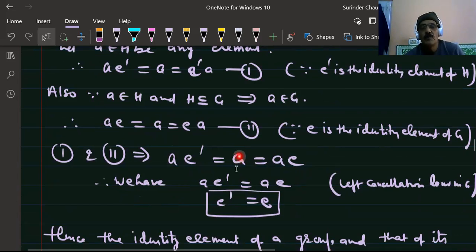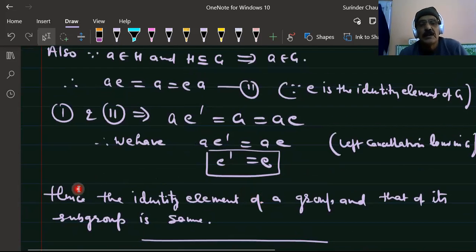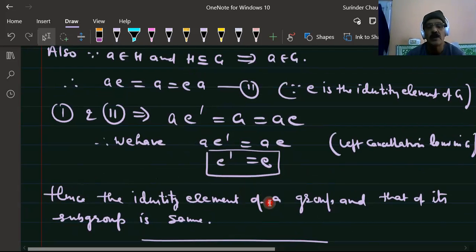Now G is a group, so we have read in the properties of group that both cancellation laws hold true in the group. Apply the left cancellation law. We get E dash is equal to E, which implies the identity element of a group and subgroup will always be the same.